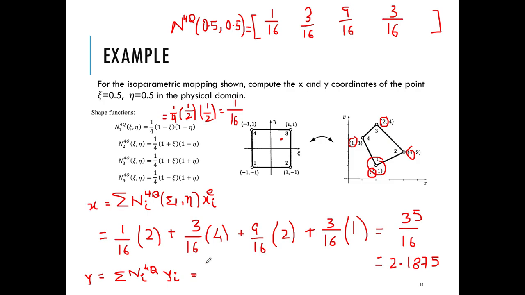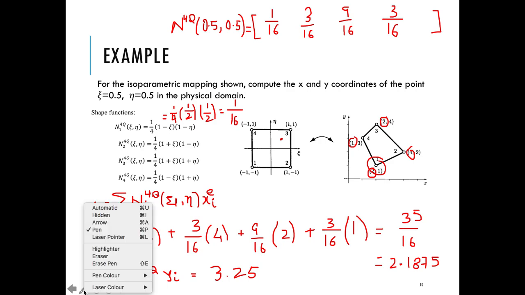I won't go into it, please try it out. Basically what we get for our y physical coordinate is that y is 3.25. So what does that mean?